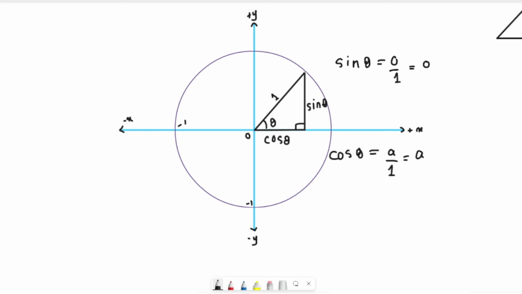Now from here, I can draw a line from this point to the x-axis to make another triangle. I can connect these points, and now I have a triangle.